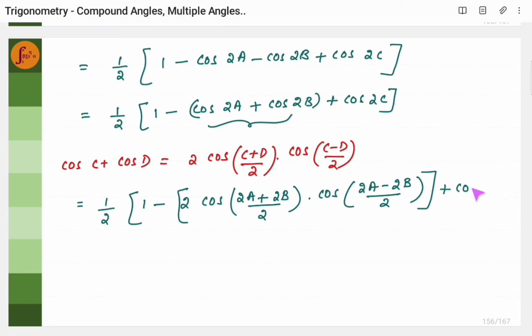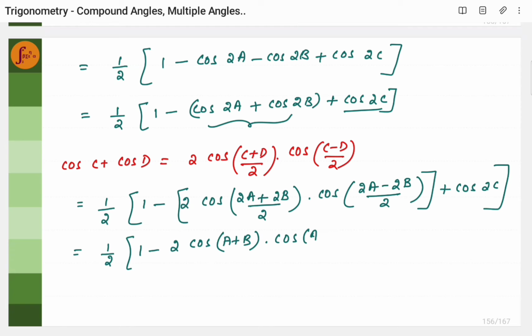And then I have plus cos 2C, this one. So I'll get half, so many brackets. Let's simplify this. The 2 and 2 will get cancelled. So 1 − 2 cos (A + B) into cos (A − B) + cos 2C.